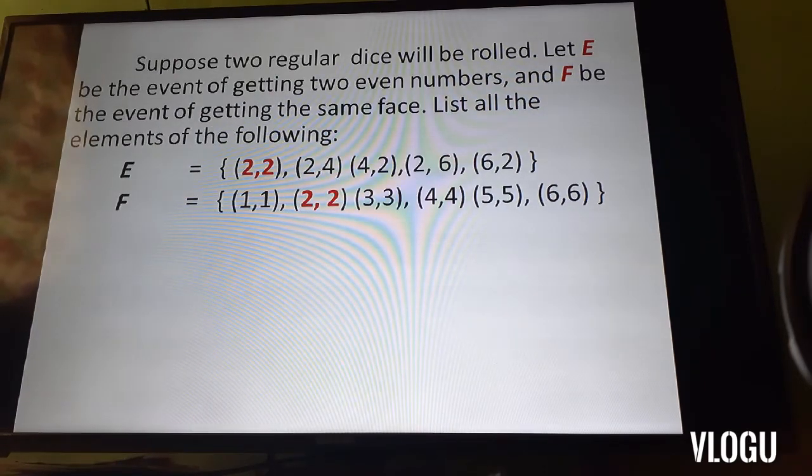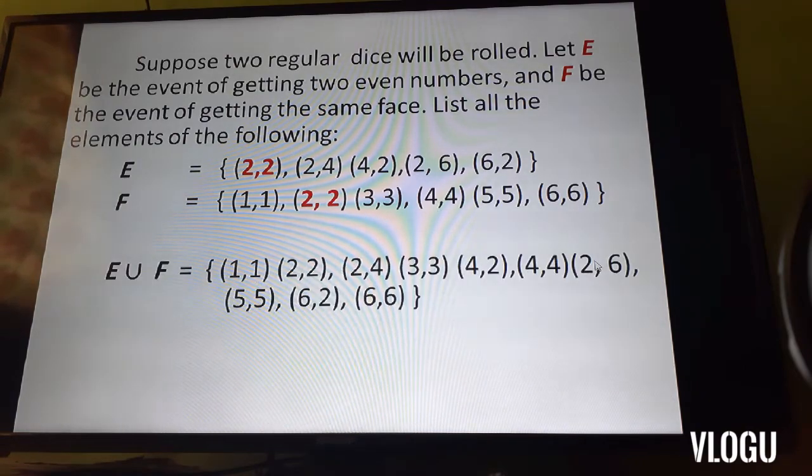For the event of getting even numbers, we have 2 and 2, 2 and 4, 4 and 2, 2 and 6, and 6 and 2. For the event of having the same face, we have 1 and 1, 2 and 2, 3 and 3, 4 and 4, 5 and 5, and 6 and 6.